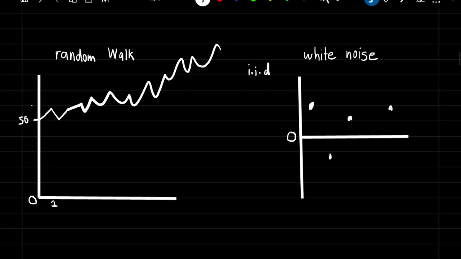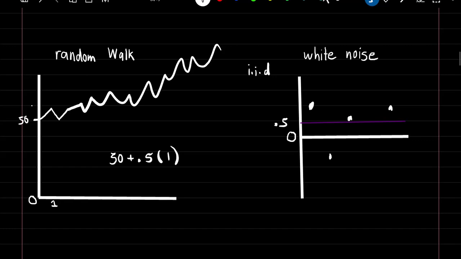Notice that over time, our graph is increasing. This is what's known as drift. Drift is just going to be equal to the mean value of our white noise process. So say on average, our white noise process produced a value of 0.5. This means that on average, our stock price is going to increase by 0.5 per term.